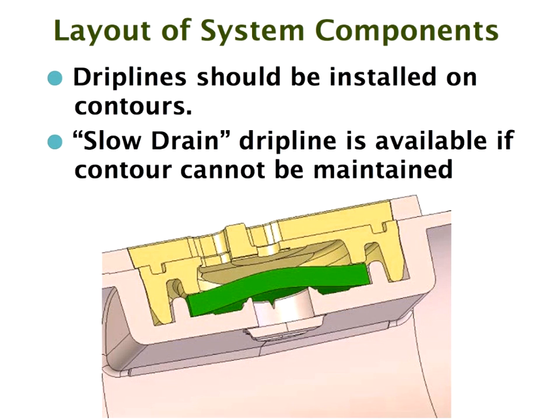Okay. Drip lines should be installed on or close to contours. Now you do get situations, usually in very large systems, in which we recommend the use of a slow drain drip line. If you've gone off contour, as I explained yesterday, the problem with going off contour is that when you switch off the system, the drip line is full of holes and it drains.